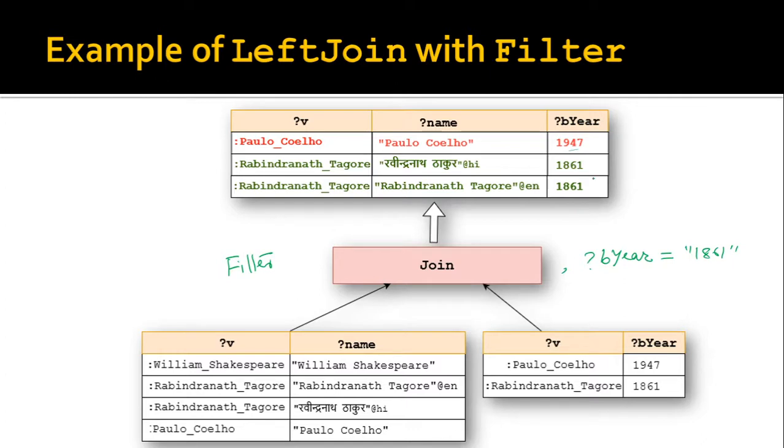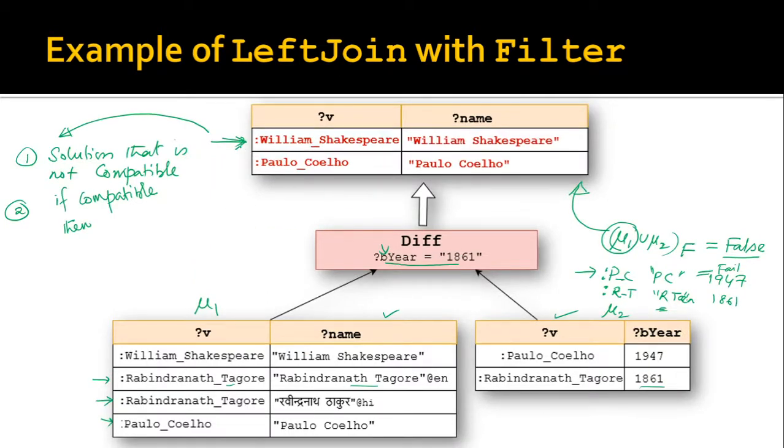If that is so, then this particular row will be driven out from the evaluation of this filter result. Now what you have are these two rows, where you are applying a filter of this birth year equal to this over the join of these two tables, and you have the result of this diff, right?